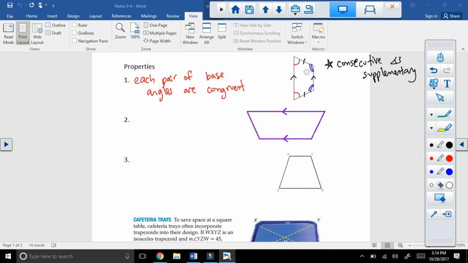So if it's an isosceles trapezoid, they really just have to give you one angle, and then you can figure out all the rest. For example, if I say that this angle is 65 degrees, this one here is also 65 degrees, and I can come up with those other two by just taking 180 minus 65, and both of those would be 115.